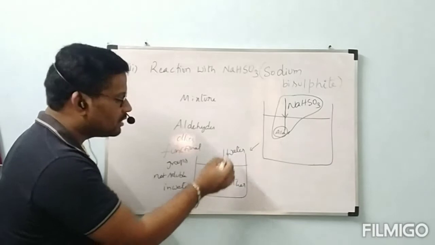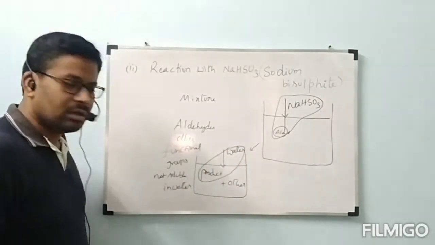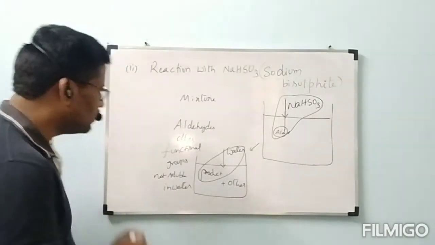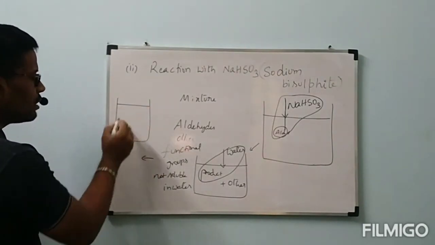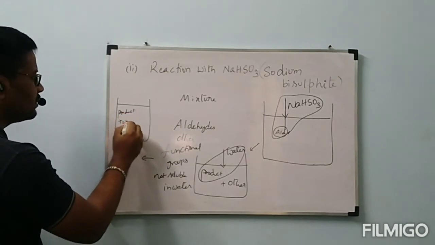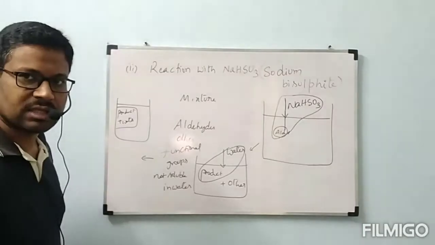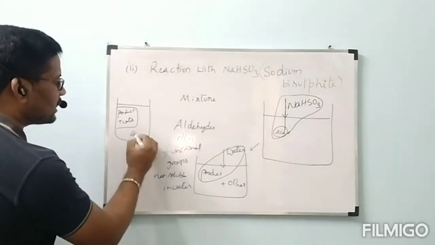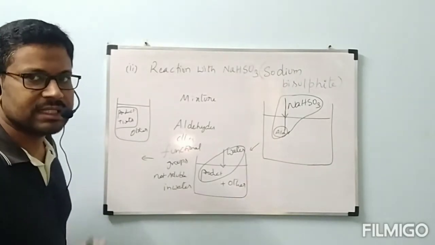When water is added, only this product gets soluble in the water, forming the product plus water as one layer, because the product is soluble in water, that is a separate layer. The remaining other functional groups form another layer. So we can separate them easily.